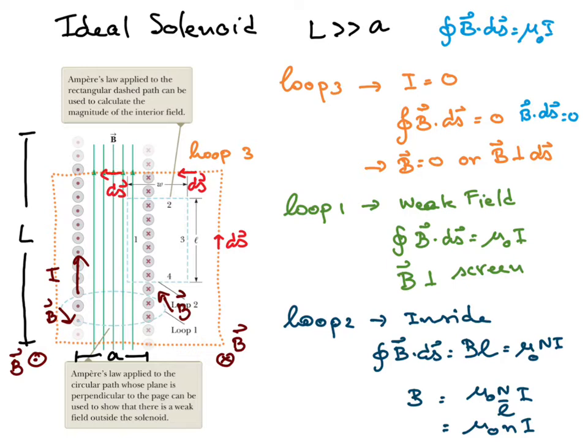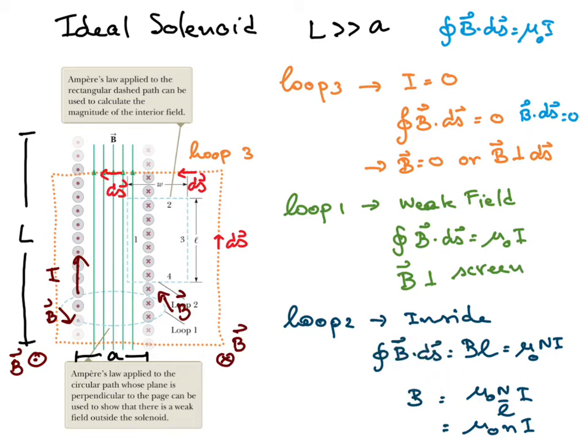From experiment we know that there is a magnetic field inside the solenoid. So it means that if we look at loop number 2, we cannot have that the integral of B dot ds is 0 everywhere.